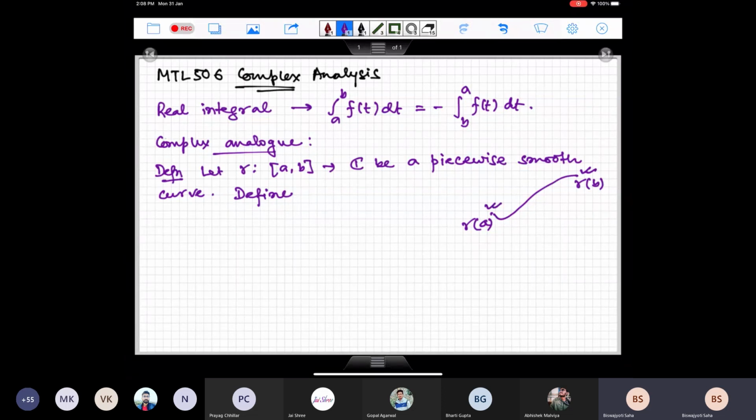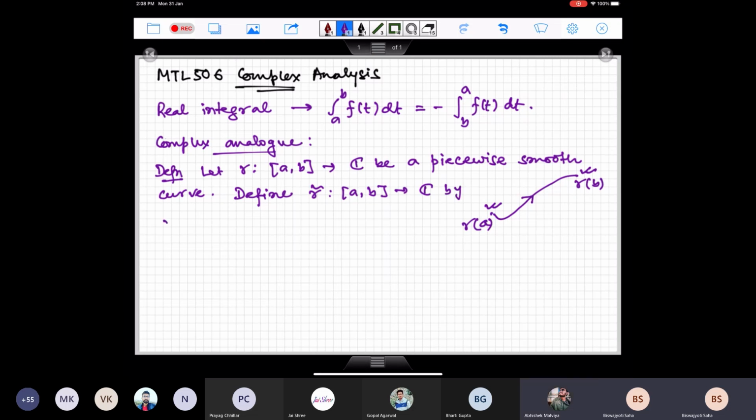So in the reverse direction the path should go. Gamma is going in this direction, let's say. So I want to define a new path which at the point a takes the value gamma b, and at the point b takes the value gamma a. It's the reverse path that I want to define. So define gamma tilde from a b to C in the following way.